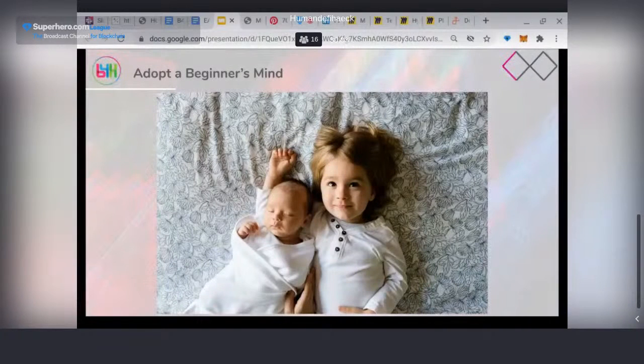We need, when we are in these processes, to consciously take a beginner's mind. Okay, we need this in order to allow our brain, allow our thinking, just to think differently.